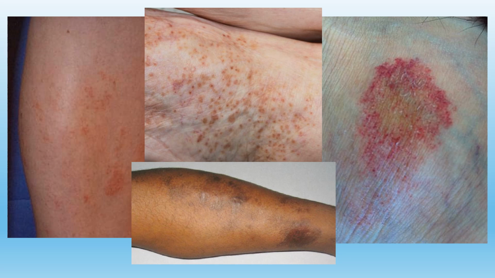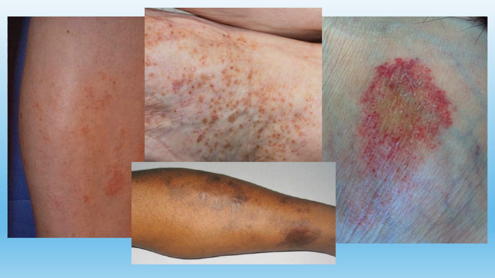This is a condition that usually occurs on the lower legs in adults. It tends to be more common in men, and it usually presents as red-brown or golden brown macules or patches, often with small red dots, also known as petechiae, within them.